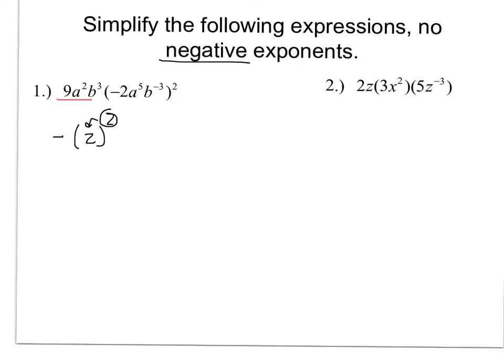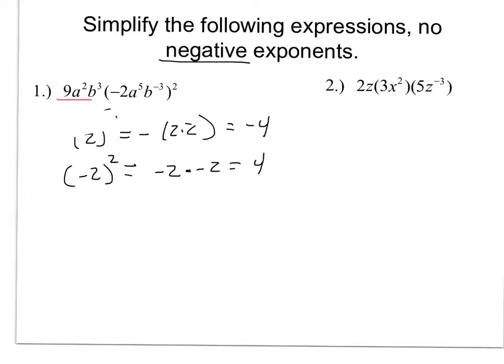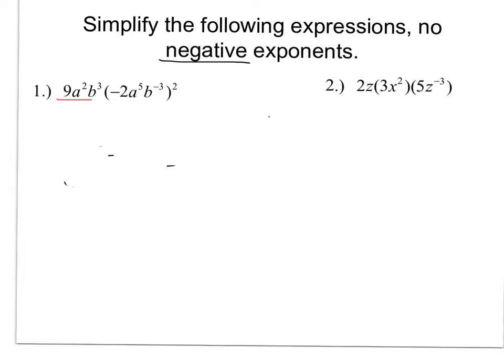So this would be the same as a negative 2 times 2, which is going to be negative 4. If the negative is on the inside of the parentheses, it's going to be the same as negative 2 times negative 2, which is a positive 4. So we need to be careful with situations like that. Now we've identified that the negative is on the inside, so we know it's going to go away.